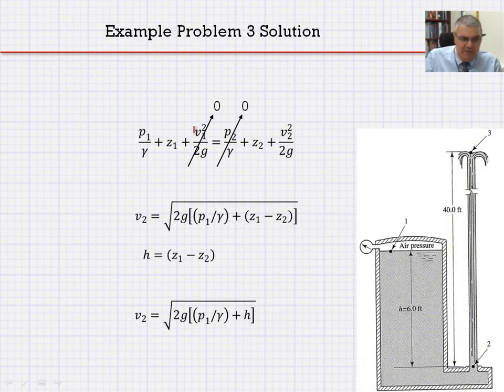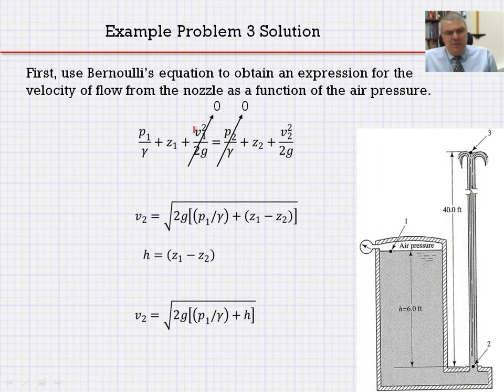Okay, so let's set up Bernoulli's equation to obtain an expression for the velocity of flow from the nozzle as a function of the air pressure, P sub 1 divided by gamma 1 plus Z sub 1. At V1, the velocity is 0. At point 2, pressure is 0, right? At point 1, it's the air pressure.